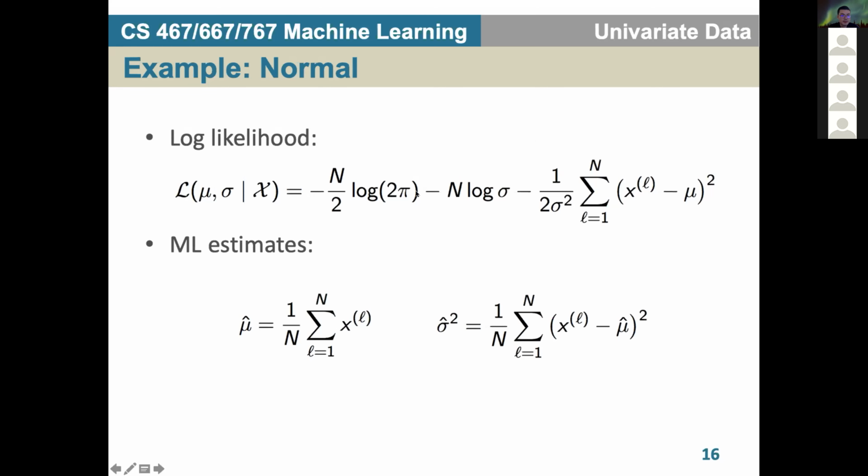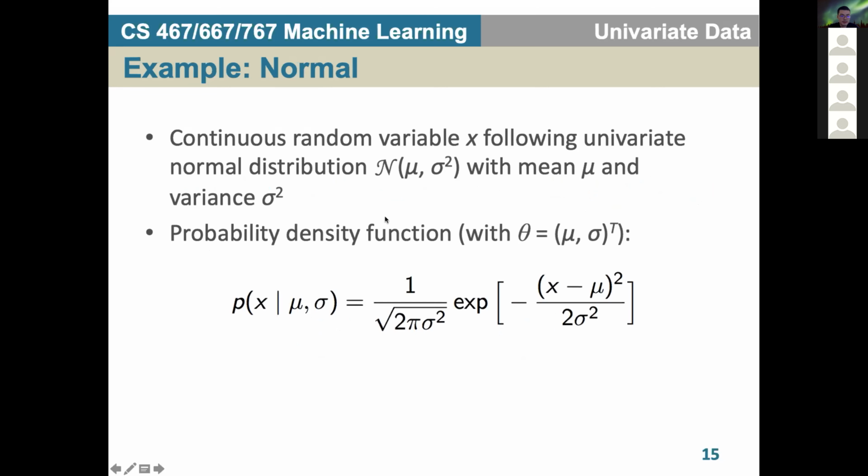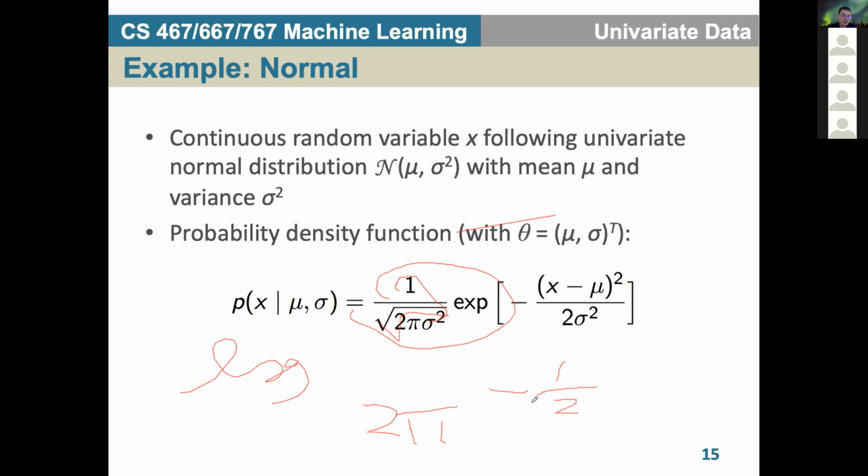Now for the first term, let's look at y equal to this. We want to compute this thing and take the log. This is actually easy to see. It's 1 by something, so it's to the power negative. And there's a square root, so the square root is the power 1 by 2. So this is really 2 pi to the power negative 1 by 2, times sigma, where the square and the square root cancel.